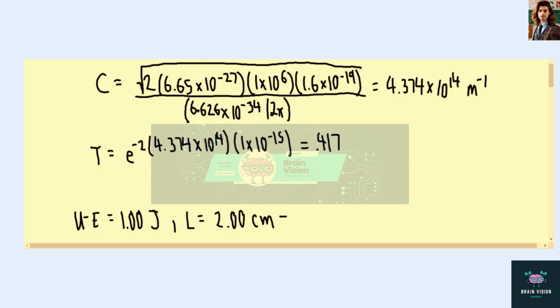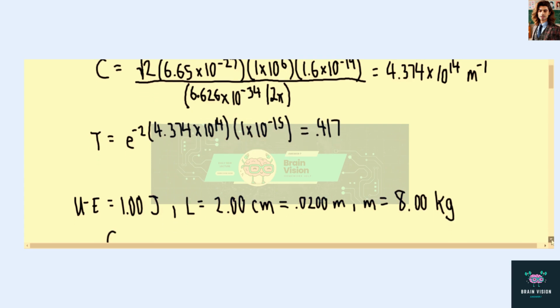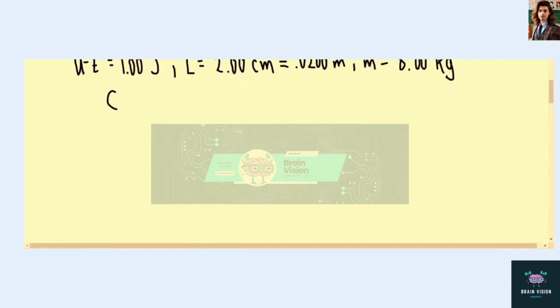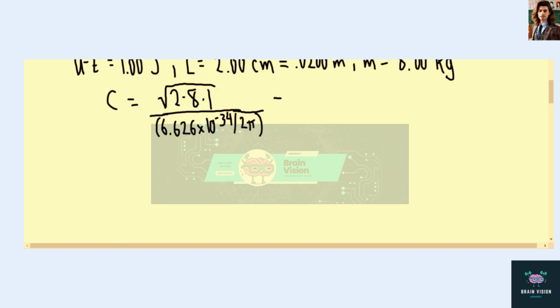In our last situation, we have 1 joule for U minus E. We have 2 centimeters for L, which is just 0.0200 meters, and we have a mass of 8.00 kilograms. And then we calculate in the same way as before for C. But we're going to obtain a very large number in this case: 3.793 times 10 to the 34 inverse meters.